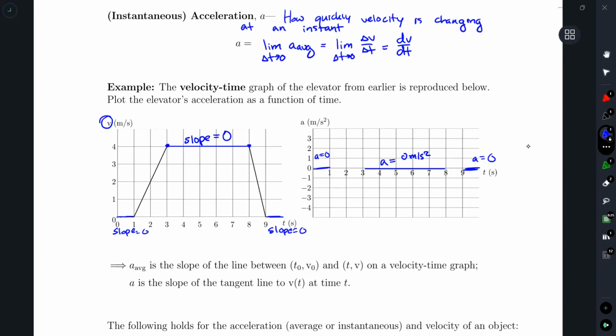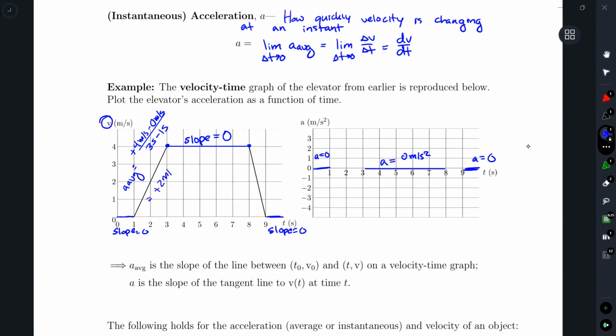Okay, that's fine. So from 1 to 3 seconds, that's a span of 2 seconds, my velocity increased by 4 meters per second. What does that tell you about my average acceleration at the very least? I increased by 4 meters per second per those 2 seconds. So I ended up at 4 meters per second from 0 over this 2 second span that was from 1 to 3 seconds on my graph.